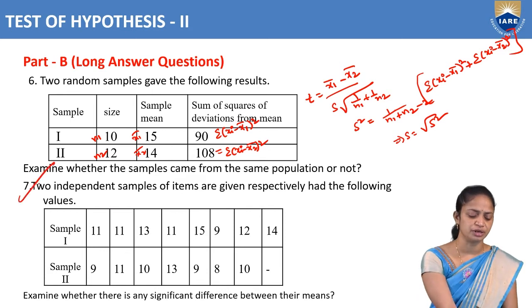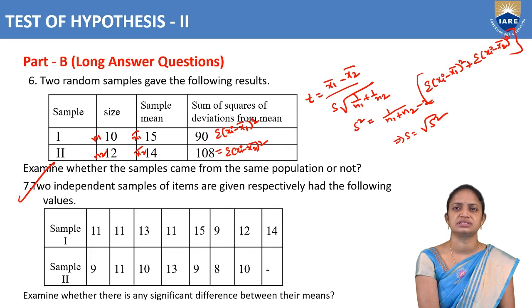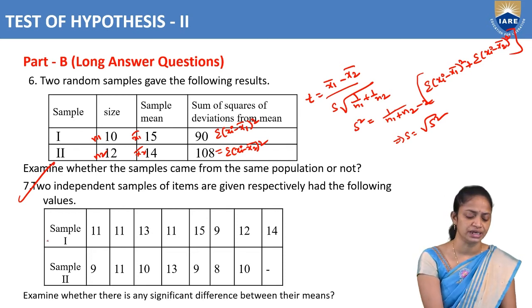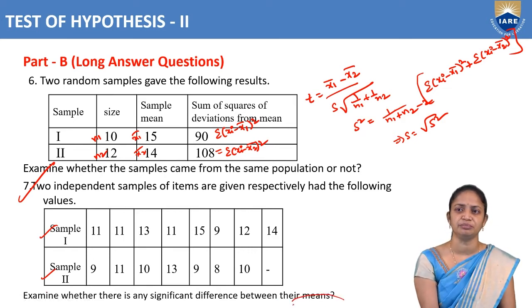Now coming to the seventh problem. Two independent samples of items are given, sample 1 and sample 2, and they have the following values. Examine whether there is any significant difference between the means.